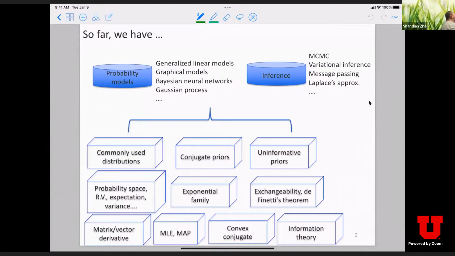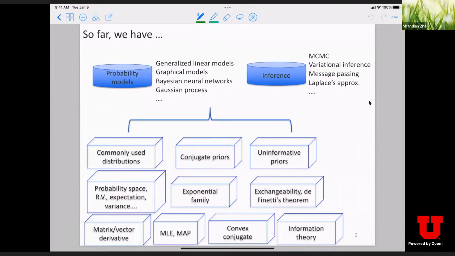Once all these things are ready, you can use them to construct whatever models you have. Of course, the choice of those different units depends on your particular problem and your own assumptions and understanding of this problem. So now we have covered all the necessary ingredients, or basic units, for probabilistic learning.